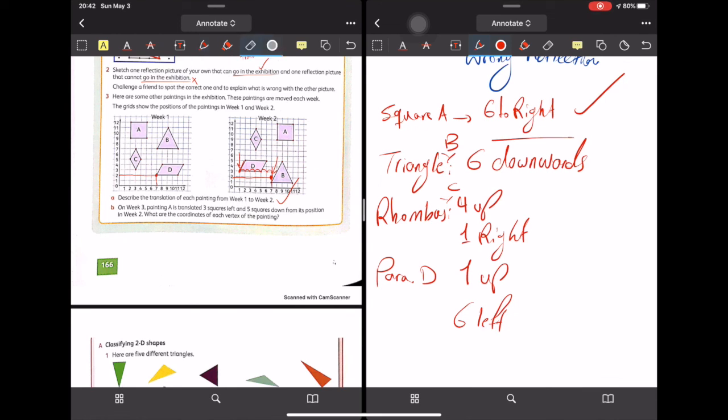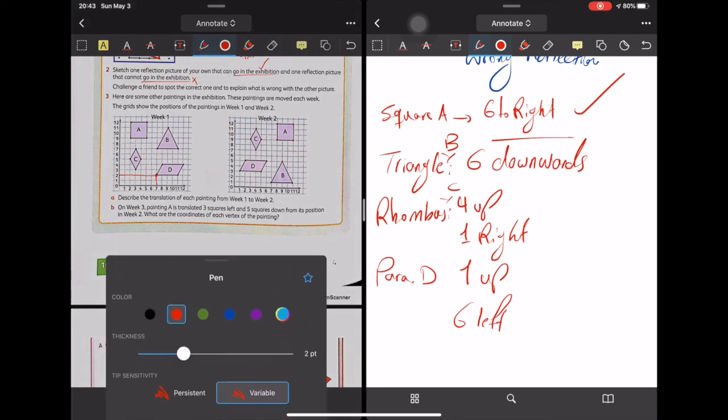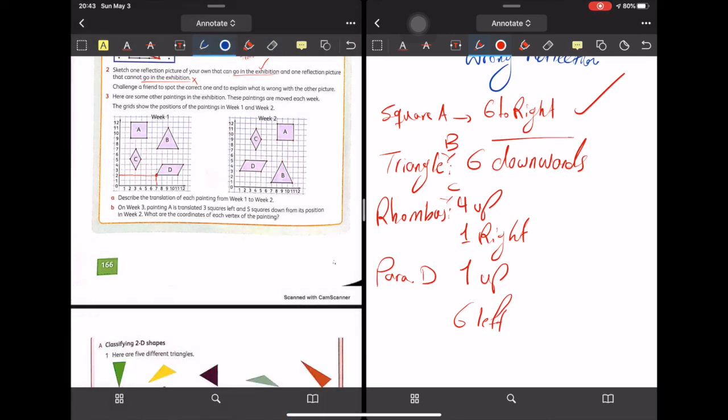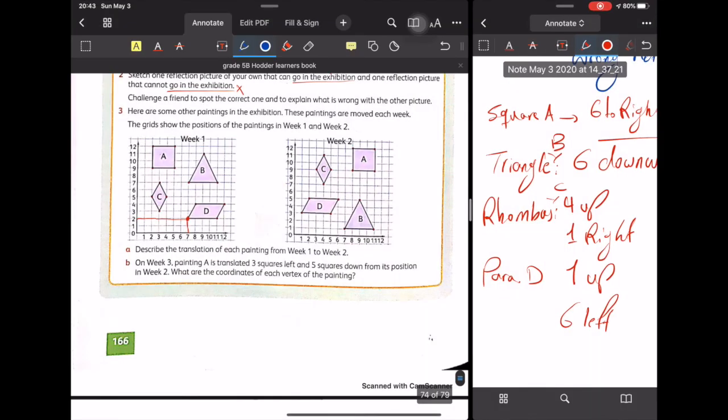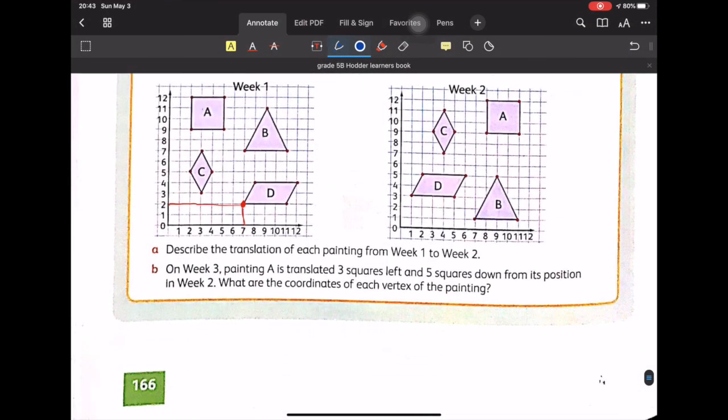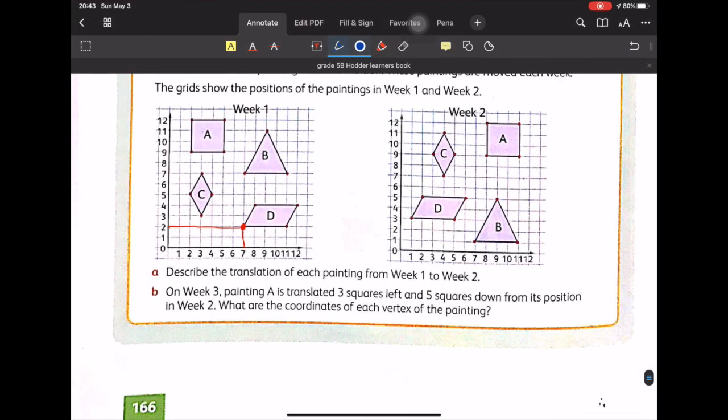Let me erase it a little bit and choose a different color to make it obvious for you to understand. I think blue might be okay. Let's see. I think we don't need this one anymore. So about this A, we have 3 squares left, 5 squares down.